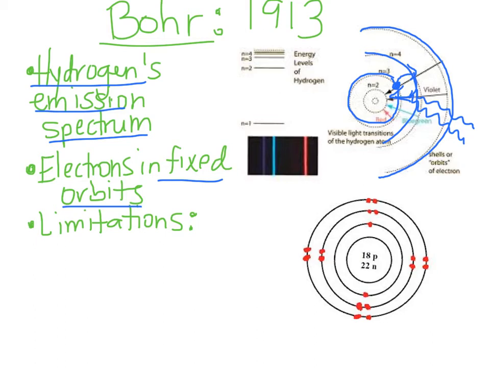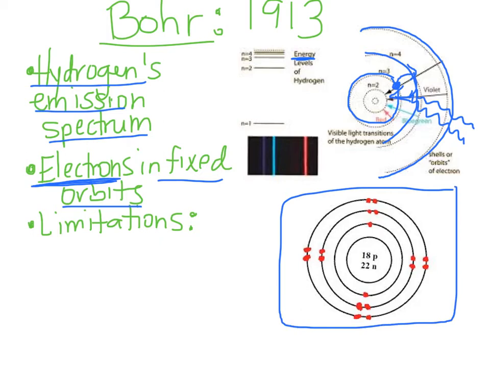Based on how much energy that electron has, it would give off a particular color. And so he noticed that electrons, based on their energy, are in orbits, or energy levels is what it's referring to here. And so y'all are familiar with a Bohr model. You're filling in the electrons in those fixed orbits.